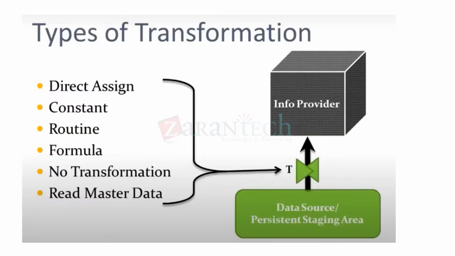No transformation means there would be a value in the source system, but in the target system we don't want to push the value, so this field won't be available in the target system. And read master data: sometimes you read the values from the master data. This is all about the transformation types.